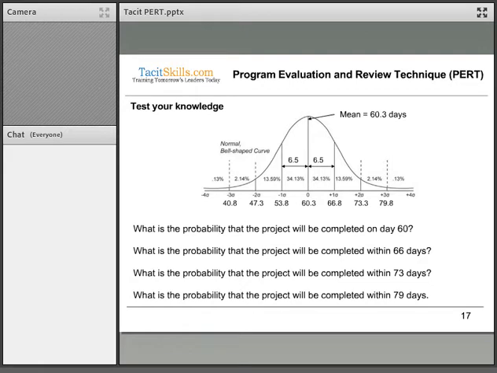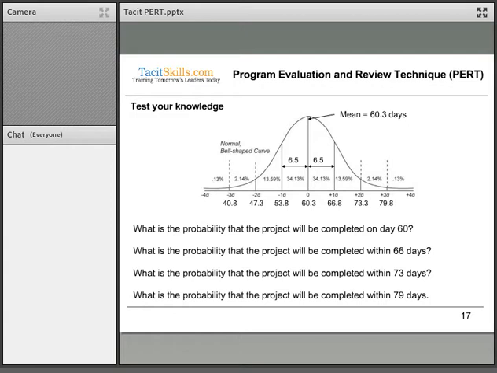So if we now do a quick test, and we look at the first one, what would be the probability of the project to be completed in 60 days, in other words, on the mean of the project?